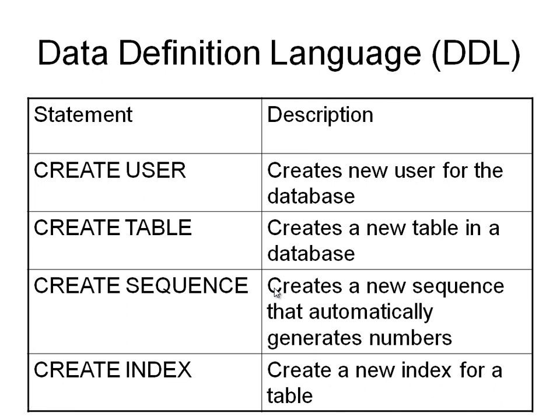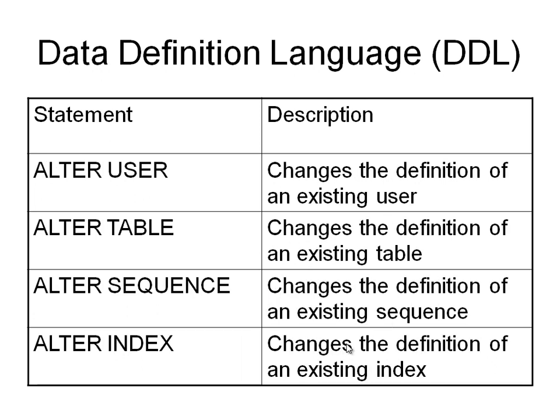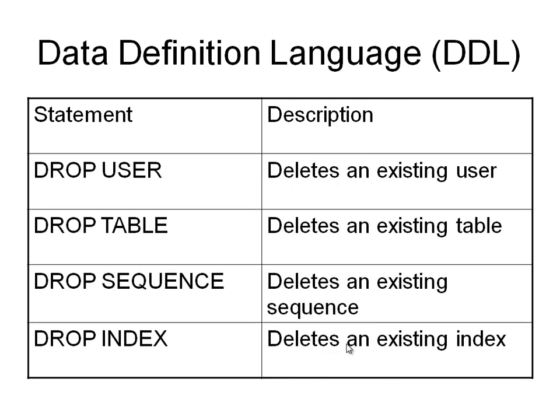For the DDLs, which is data definition language, it can be used to create a user, a table, a sequence, or index. It can be used to alter, change the definition of either a user, a table, a sequence, or an index.